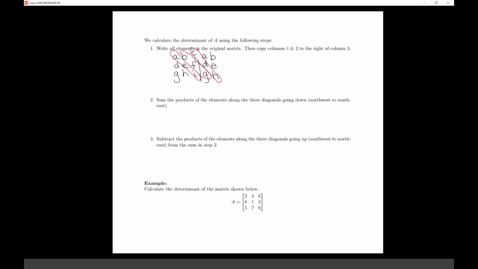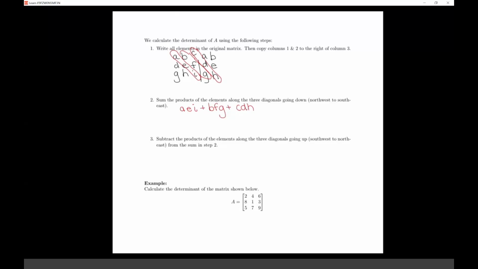So those are my left to right diagonals, and I'm going to copy those here. AEI plus BFG plus CDH. Those are my left to right diagonals.